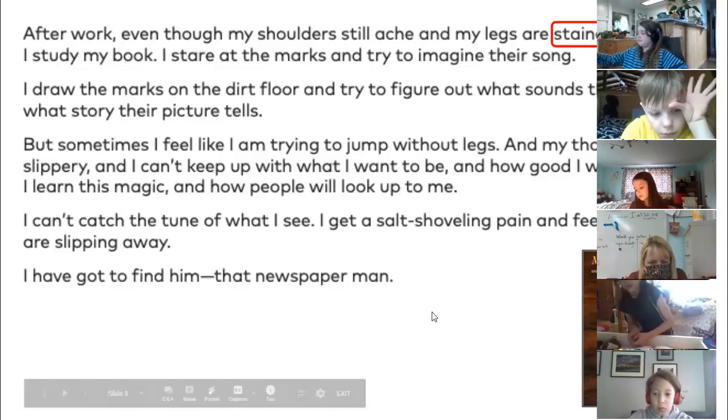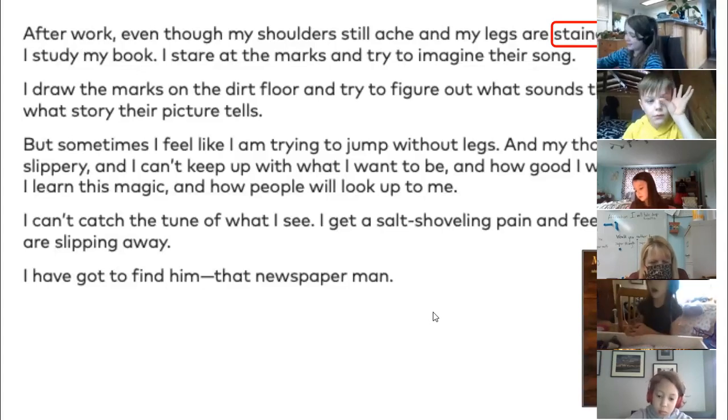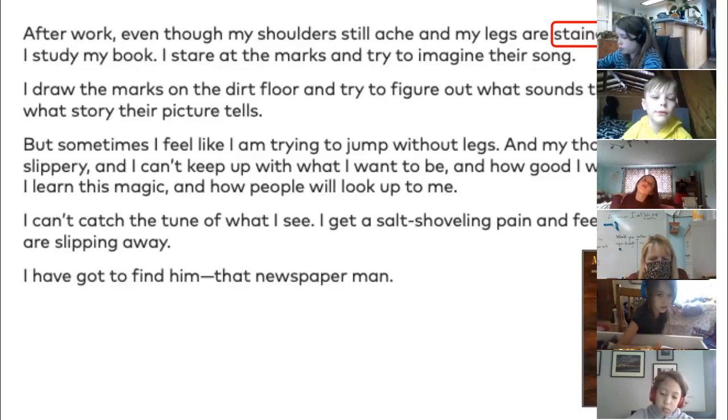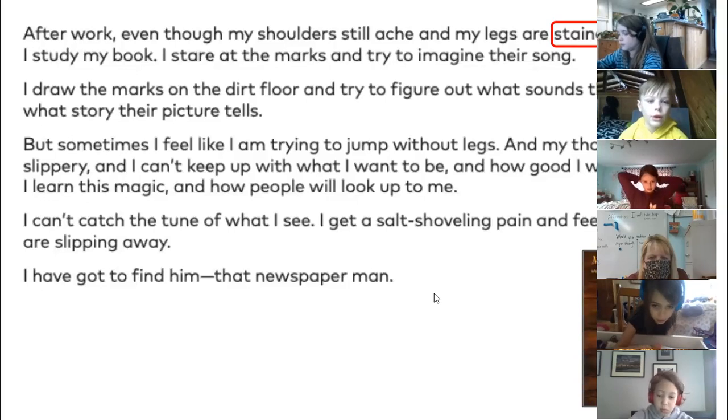Okay. Jensen, is your hand up? I can't quite tell. Okay, go ahead and tell me what you're thinking. So sometimes I feel like I am trying to jump without legs. It says, and my thoughts get slipperier.